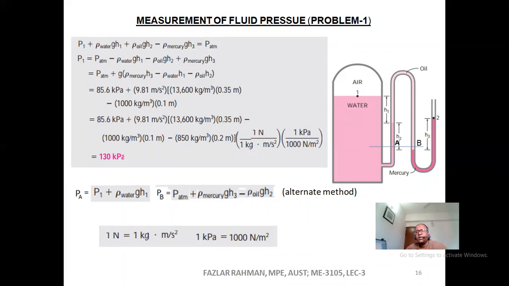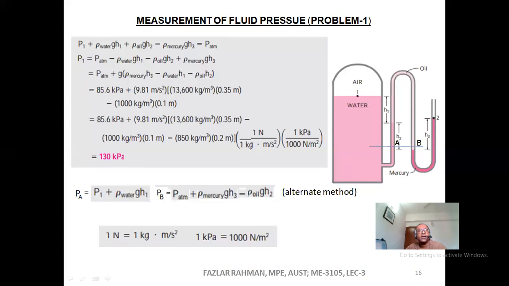One thing we can do is start at point 1 and walk down to point 2. How can we walk down? You try to figure out the common level of fluid. Where is the common level?